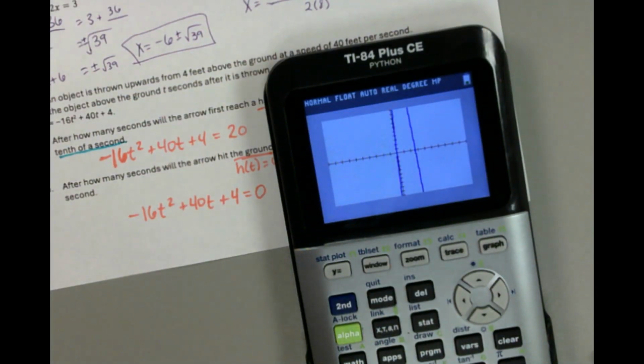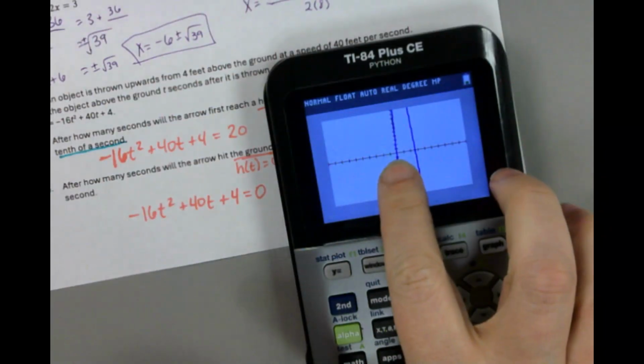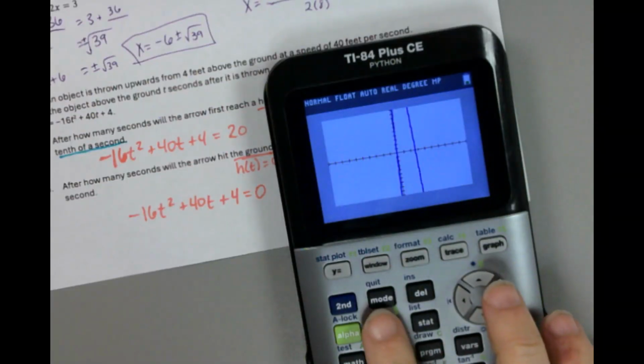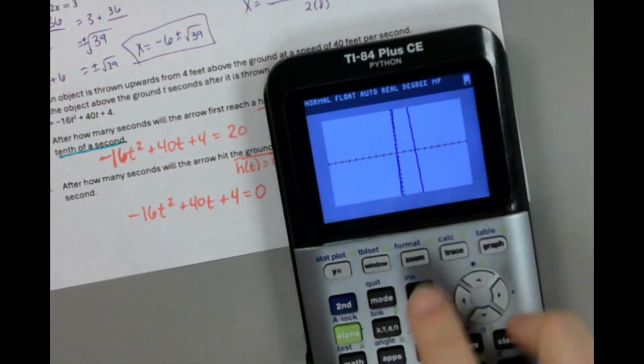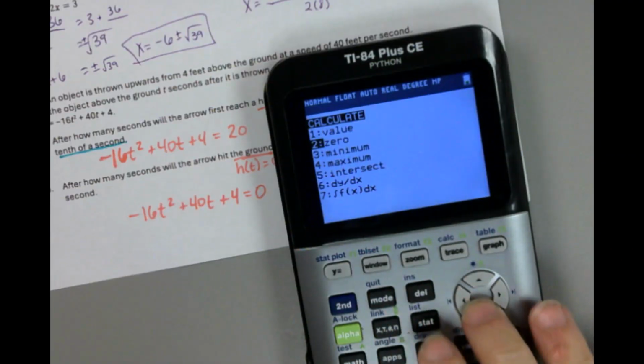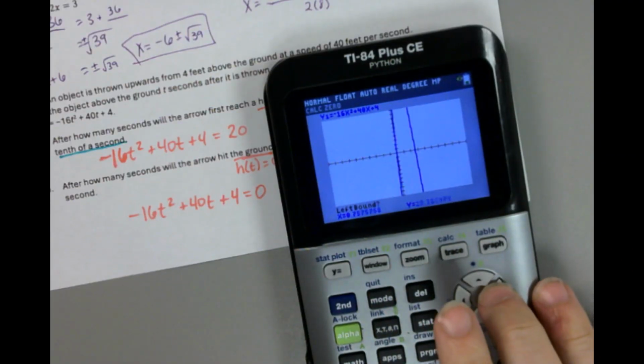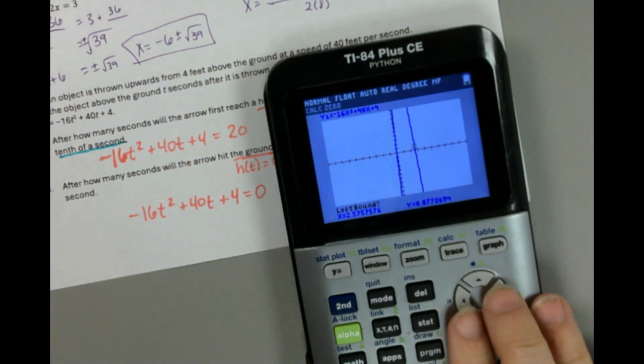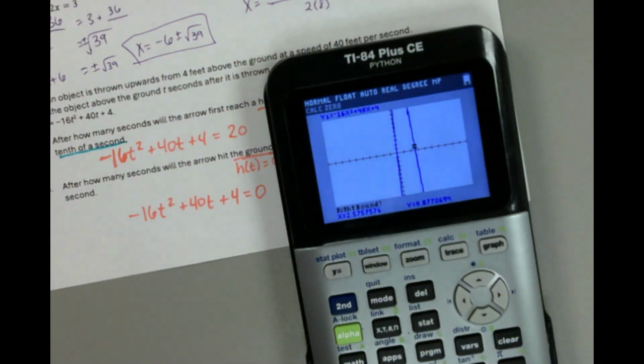When does it hit the ground? This is not hitting the ground. This first one is not hitting the ground. That's actually before the object was thrown. So I really only want this second 0. Second calc, go to my 0. I have to keep looking for it. Alright, here's my cursor. That's barely to the left. To the right, I have this number.